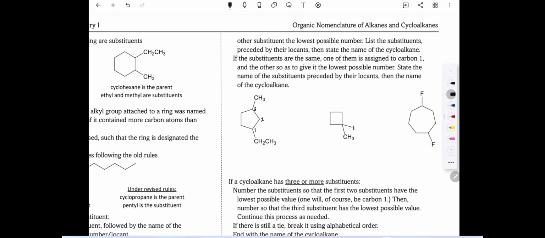If I went the other way, it would be carbon number 4. So this is the preferable way of numbering. So the name is going to be 1-ethyl, 3-methyl. And then we state the name of the parent hydrocarbon, which would be cyclopentane.